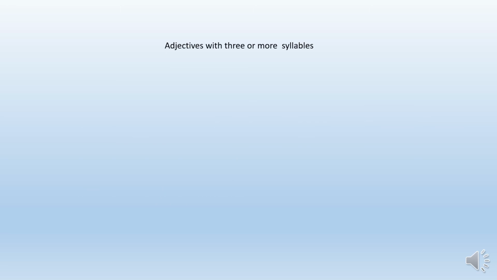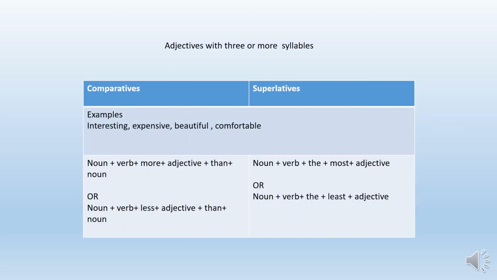Okay, we have also adjectives with three or more syllables, like interesting, expensive, beautiful, and comfortable. So these adjectives consist of more than two syllables. So let's see here. We are going to count the number of syllables in each one of these adjectives. Okay, we'll see the first one.